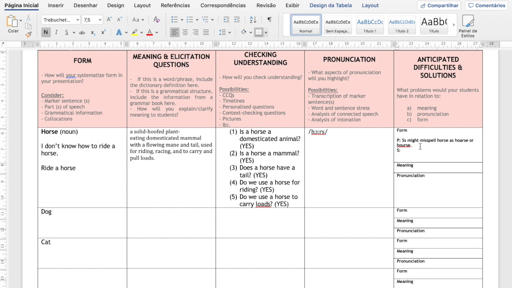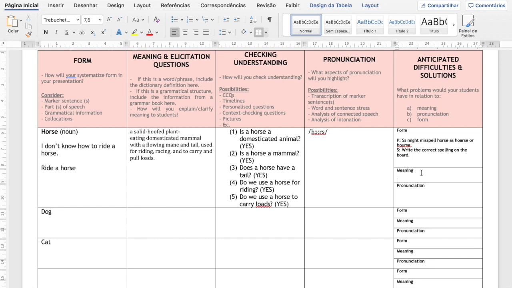The solution will be write the correct spelling on the board. Remember that here you need to think of specific problems. You cannot write things like, the students will not know the word, because this is not a problem. If students don't know the word, you teach it. The problem is when students misunderstand or misuse the word.